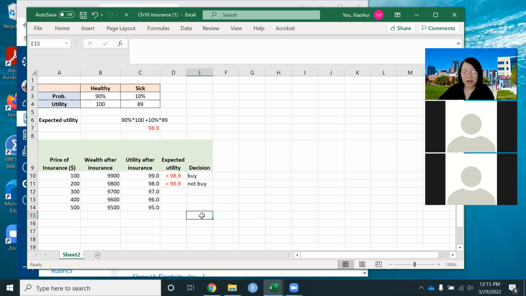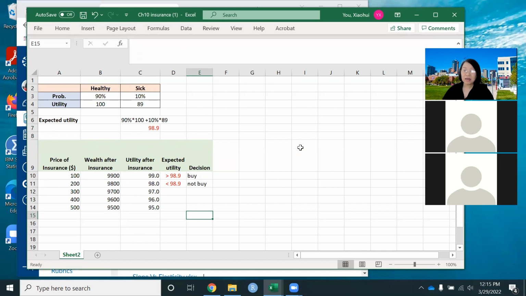When your expected utility is less than the value, you buy. When your expected utility is greater than what you can get from insurance, you do not buy it. So this is how to make the decision, whether you buy the insurance or not, using this rule.